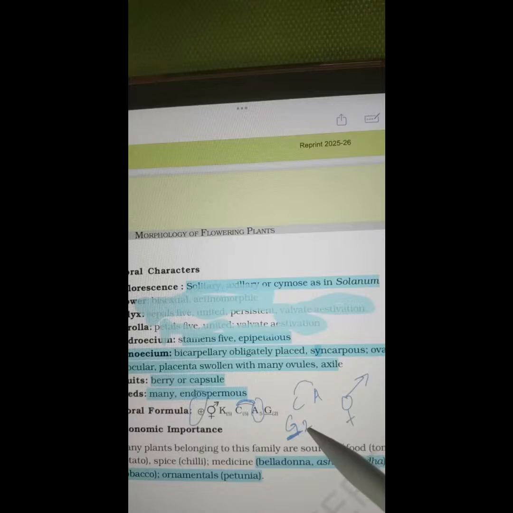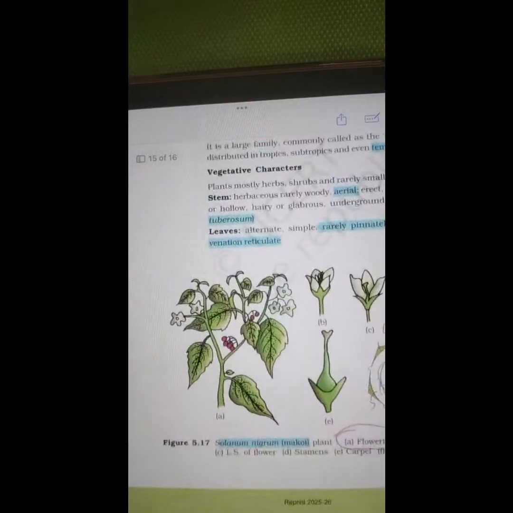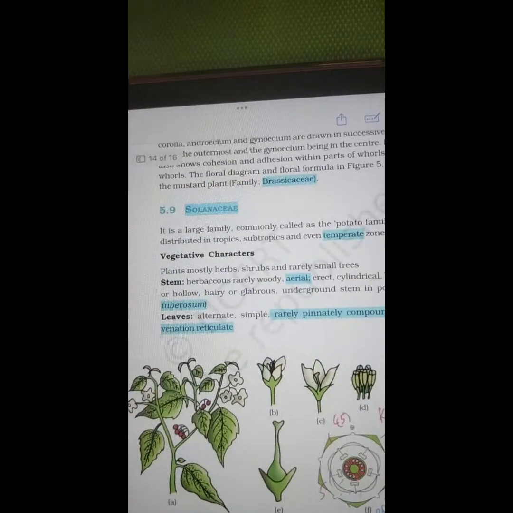Two carpels are there, and they are enclosed in the bracket because syncarpous condition is there. So whenever these carpels are fused, we will use the term in description as syncarpous. And how are we going to show? Two with the brackets.